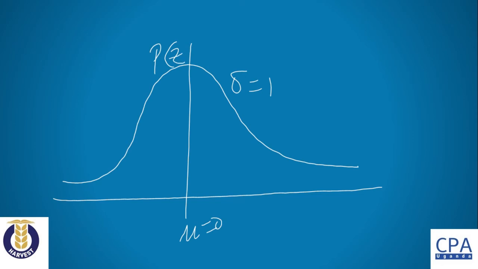So here I'm talking about z, and of course we have obtained z as 0.5, which is positive. So the required area that represents the probability is the area from the center of the curve, or I would say from the mean, which is 0, to the z that we have obtained as 0.5.